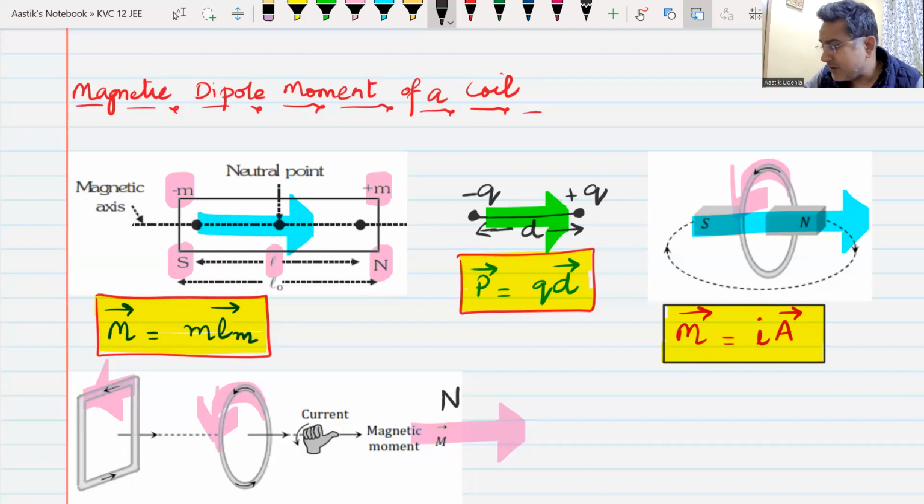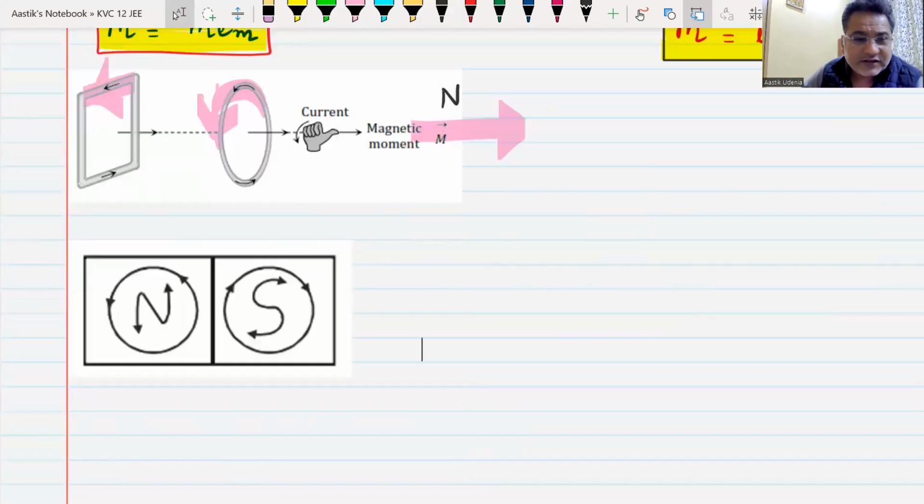You can find the direction of the magnetic dipole moment by turning your fingers, or, if the current carrying coil lies in your plane, instead of turning your fingers, you can tell where the north pole and the south pole are. If the current is anti-clockwise, the north pole will be pointing towards you.